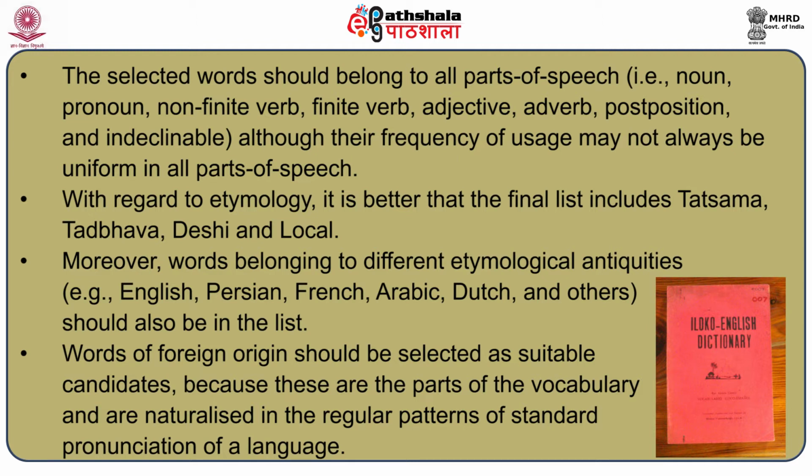Moreover, words belonging to different etymological antiquities, that is English, Persian, French, Dutch, Arabic, and others, should also be there in the list. Words of foreign origin should be selected as suitable candidates because these are parts of the vocabulary and are naturalized in the regular patterns of standard pronunciations within a language.